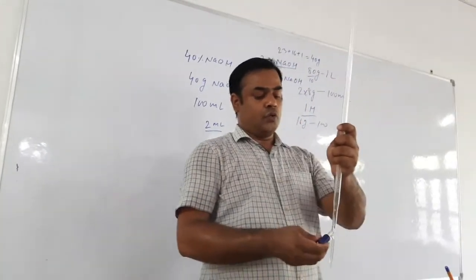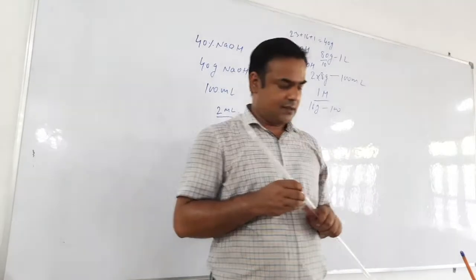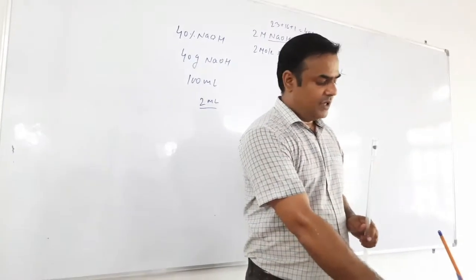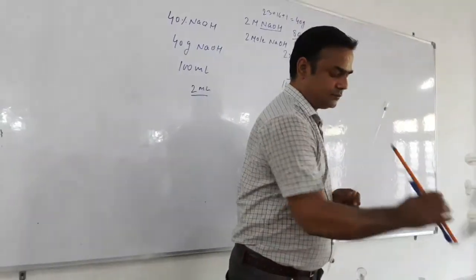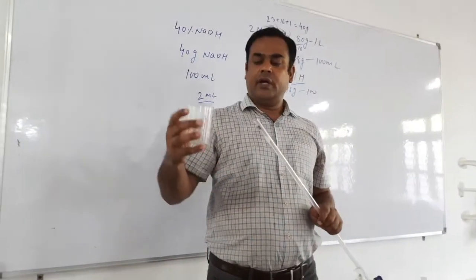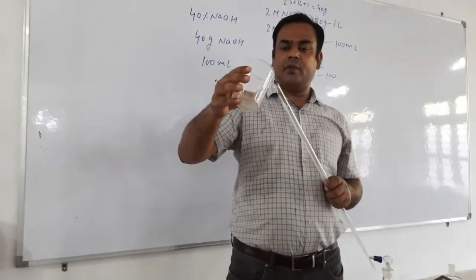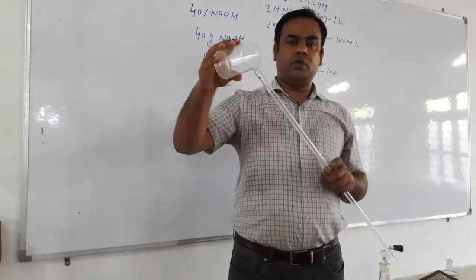Otherwise, this cork will slip, and in that case, this burette will become useless. So, to pour the liquid, first we keep the burette in our hand in this manner, and then with the help of a beaker, we keep our burette at a 45-degree angle and pass solution into the burette.